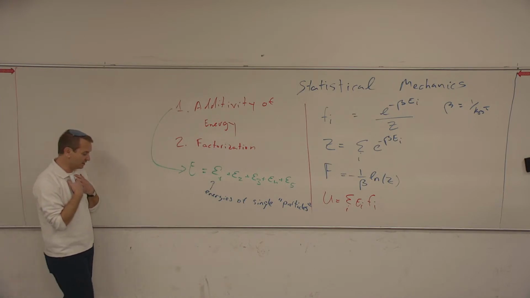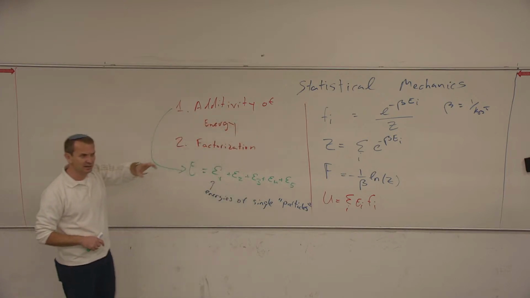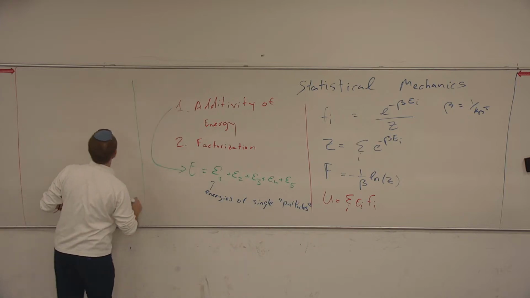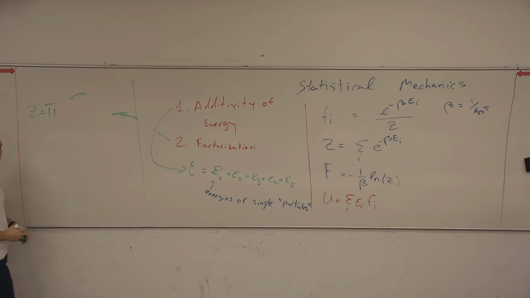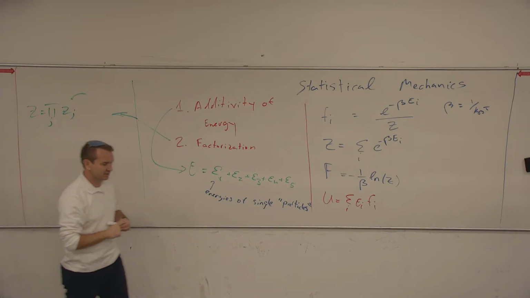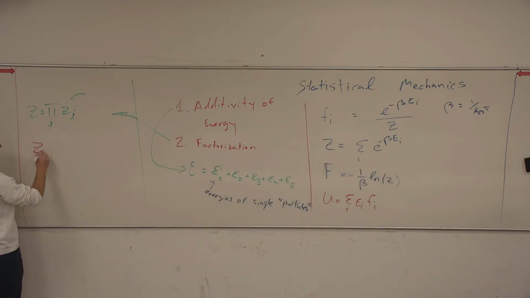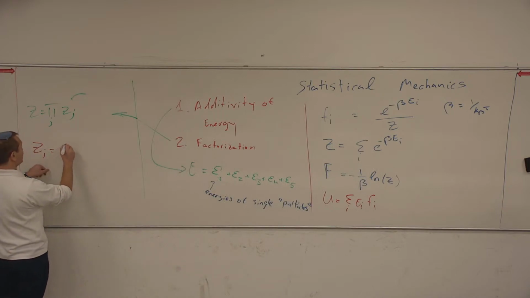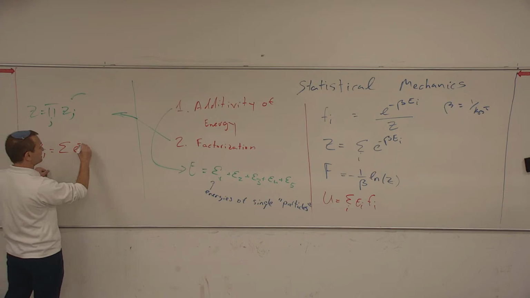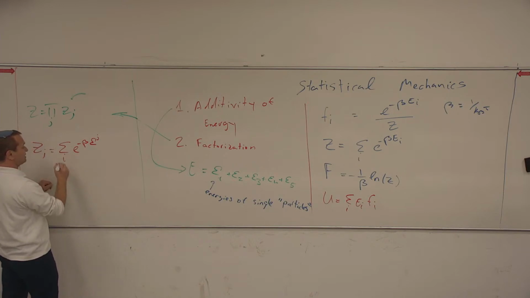So the energy that can be given to particle number 1 is completely independent of the energy that can be given to particle number 2, 3, 4, 5, etc. If there is independence, we have shown that, and this is condition 2, that Z is a multiplication over j, where j goes over all the different particles that I have in my system, of Z_j. And what is Z_j? Z_j is again this partition function: a sum over e to the minus beta epsilon_j, over all the different states of my system, or this particle.